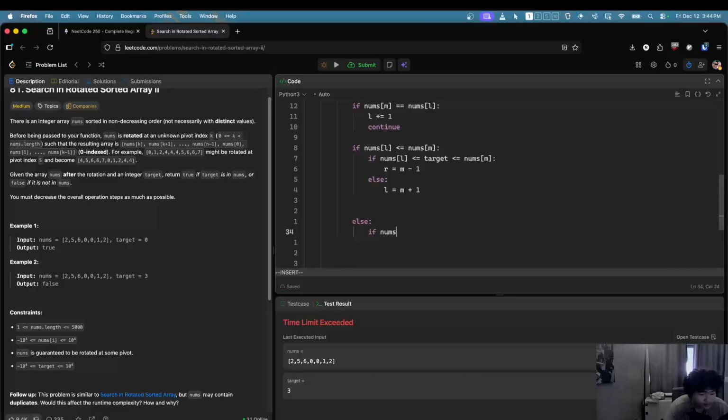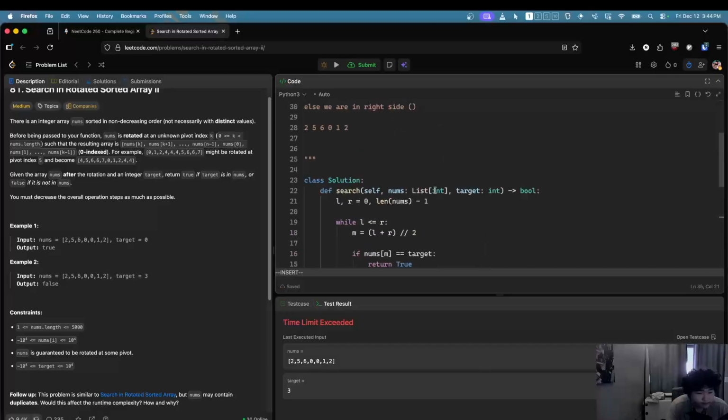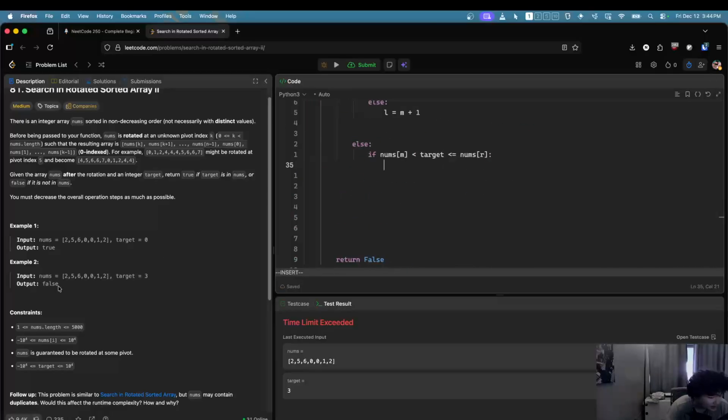If the nums of middle is less than target and less than or equal to nums of right, that is the case like this one. So nums of middle is less than the target and less than r, right? That is like this scenario right now.